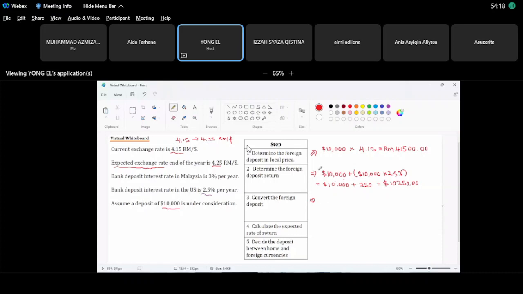Let's see. We will use the calculated amount from step 2. I mean, this is your money at the end of the year, 10,250. This is the money you have at the end of the year. Now you want to convert it back to ringgit Malaysia. I just times 4.25. Okay.